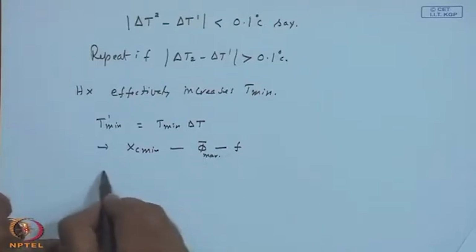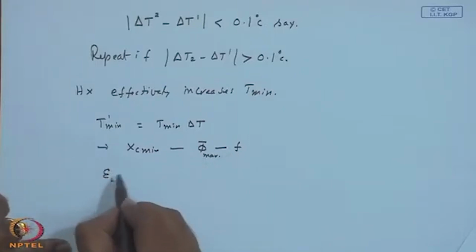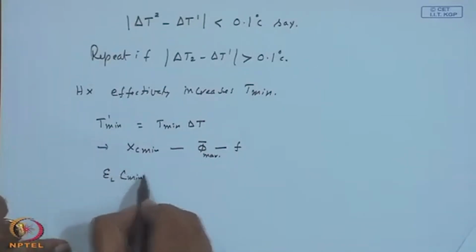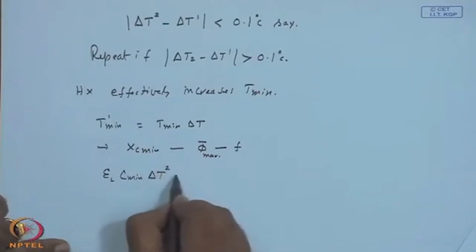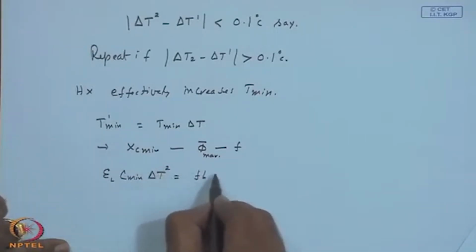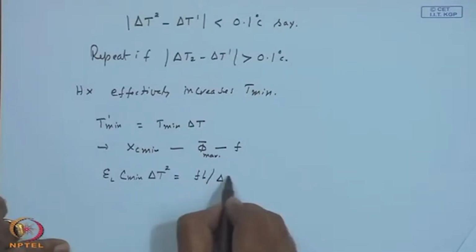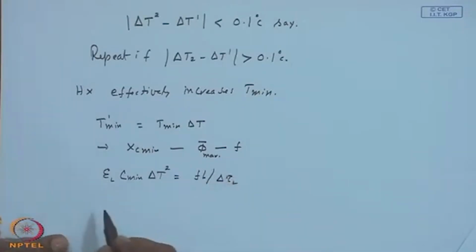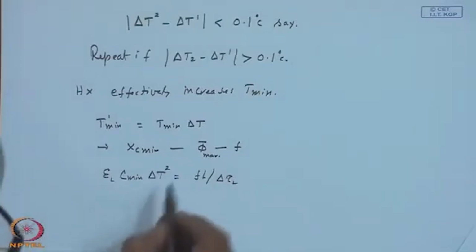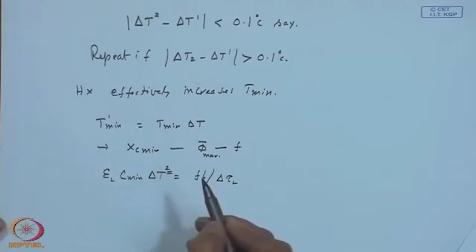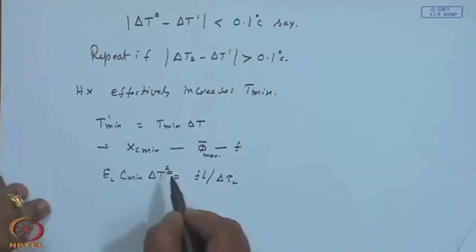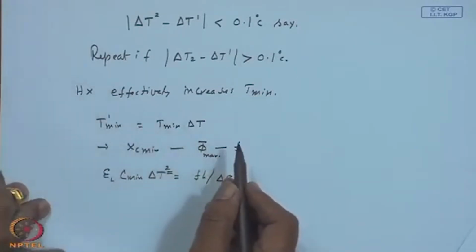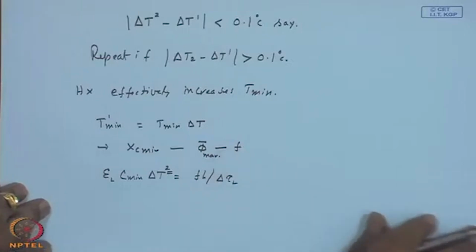So, from this, epsilon L C minimum times delta T 2 should be equal to f into L by delta tau L. So, this is the governing equation. Please do not confuse, these are not delta T squares, delta T 2, but I suppose those of you who have heard me repeatedly saying this will not make that mistake. Okay.